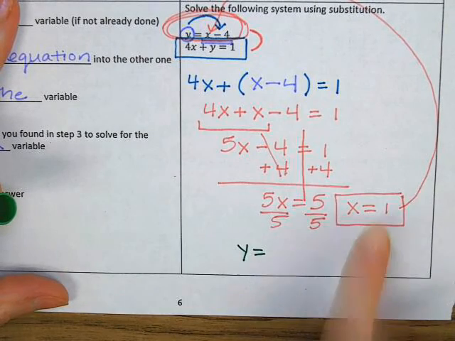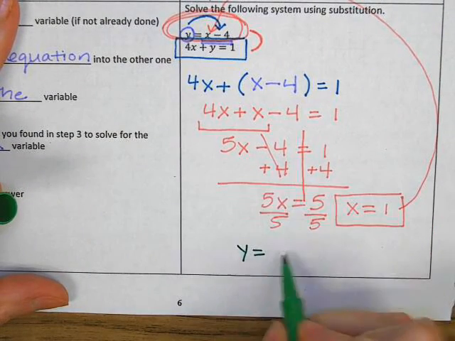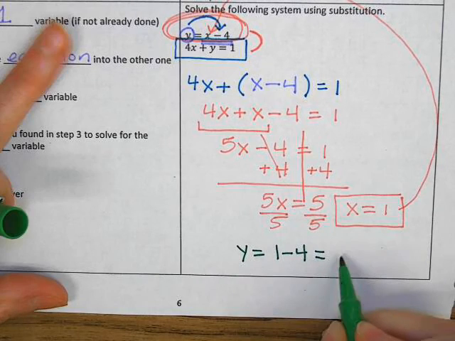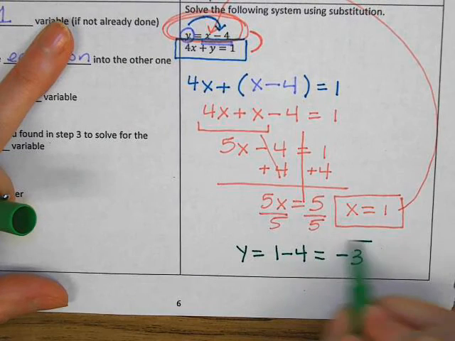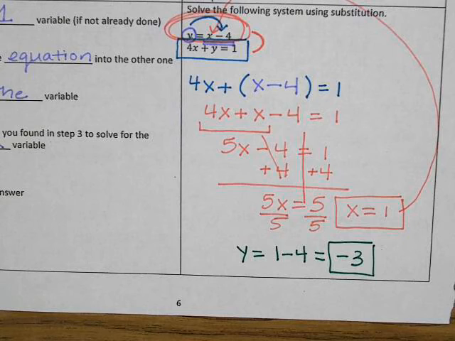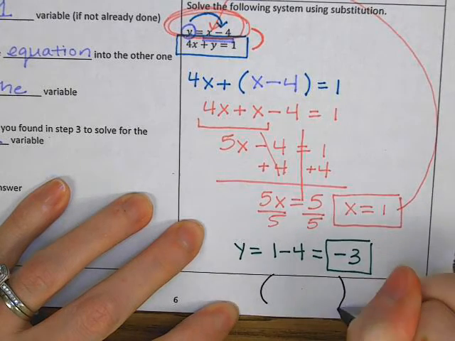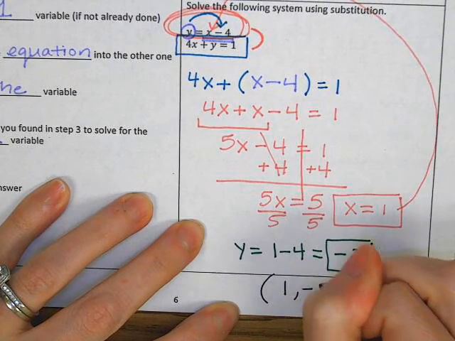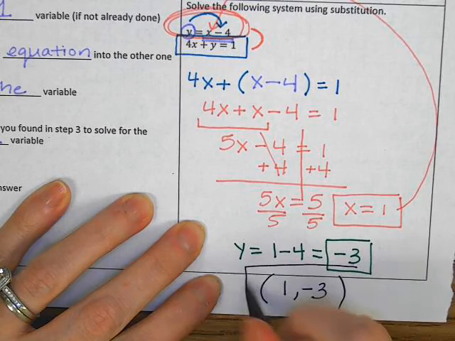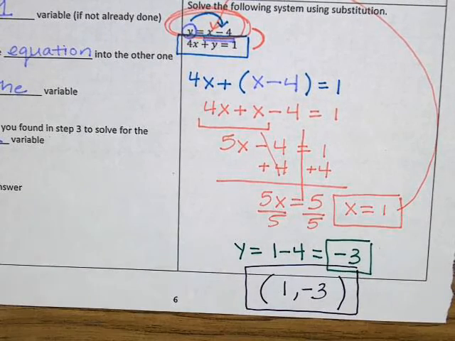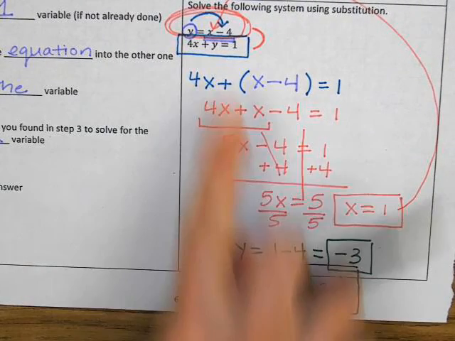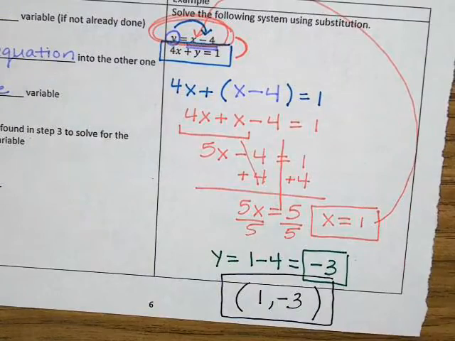So if x is 1, we're just going to plug it in. What's 1 minus 4? And that's negative 3. And then, as always, for a system, we want to write our answer as an ordered pair. Final answer, x comma y, is 1 comma negative 3. And if you want to check your answer, you can plug them in, and it should work out for both.